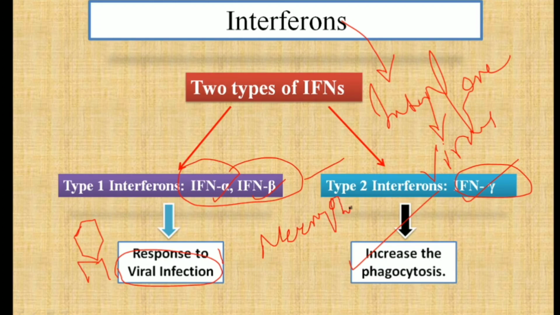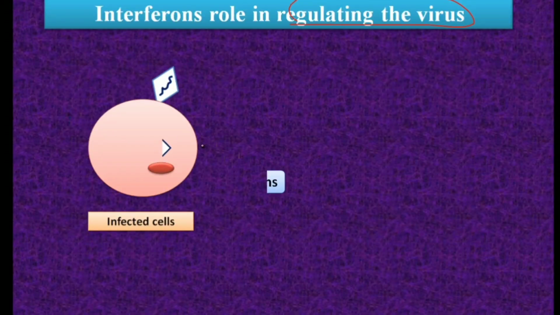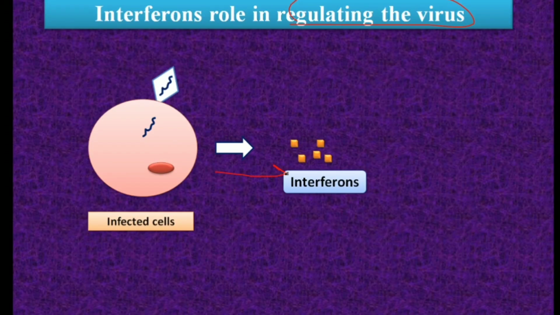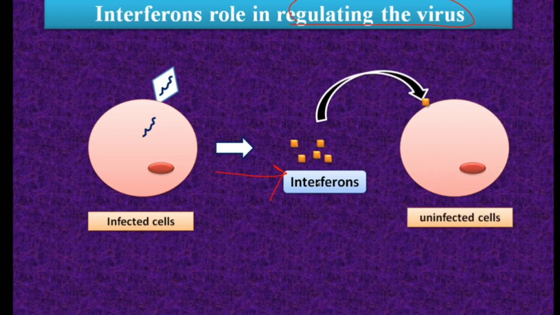And let's see what the role of interferon is in regulating the virus. When the virus infects the cell, the virus induces the infected cells to produce some interferons. These interferons are released by these cells and bind to uninfected cells.